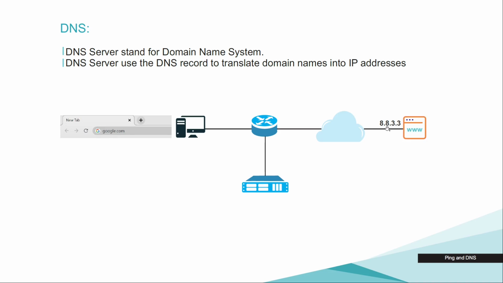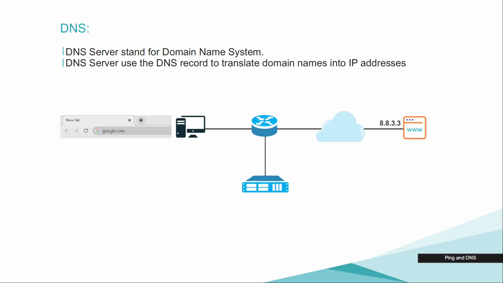Its IP address is 8.8.3.3. And when we use our PC, we don't type the IP address 8.8.3.3. We just type the domain name, which is www.google.com.